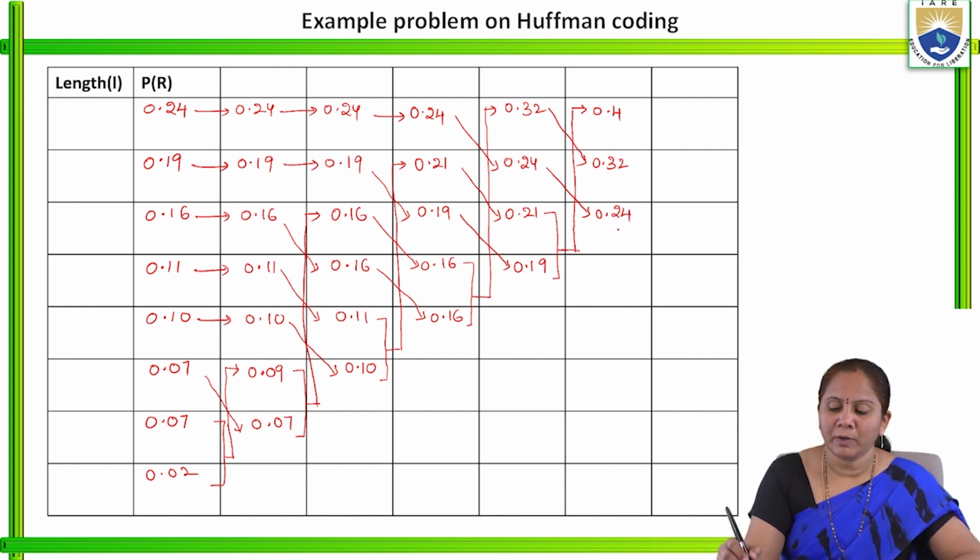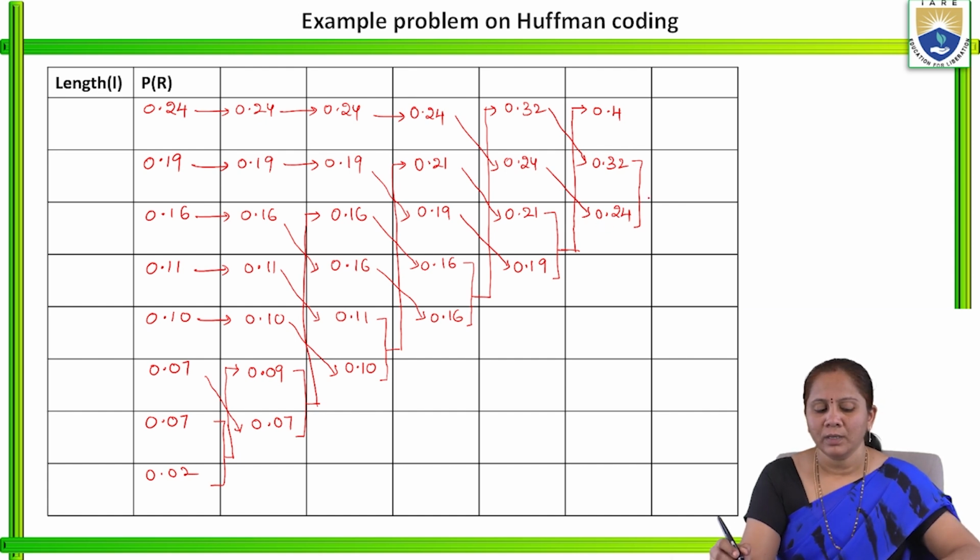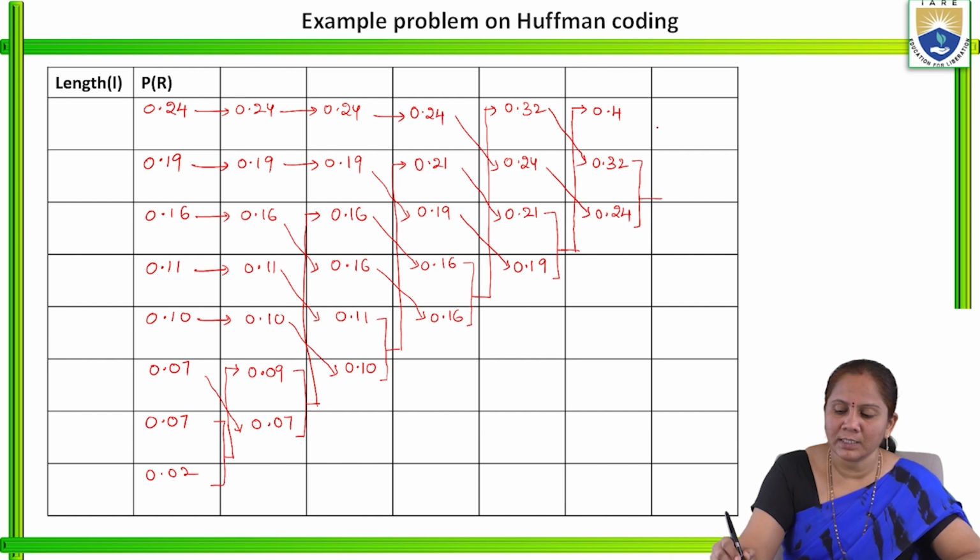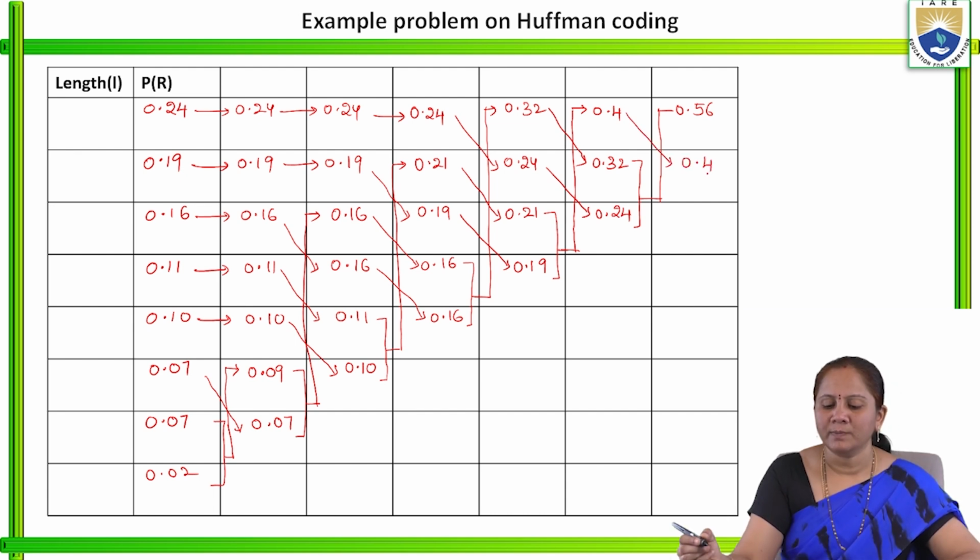Now, if you perform addition operation between these two bottom values, 0.32 plus 0.24 gives 0.56, which is the highest value. So we will place 0.56 here and this 0.4 comes here.